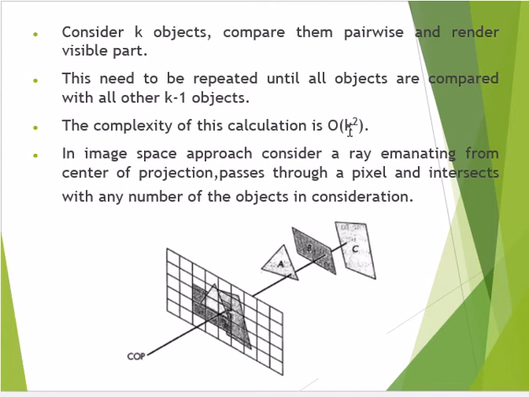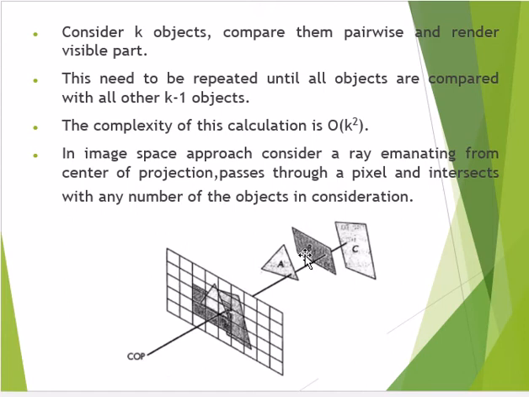Hence the complexity of this calculation will be O of K squared, which can be reduced with the help of the image space approach, where we consider a ray emanating from the center of projection. In the image, we consider the center of projection, and from there we pass a ray through every pixel, and we find how many objects each ray intersects.